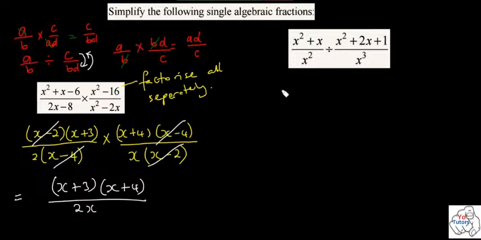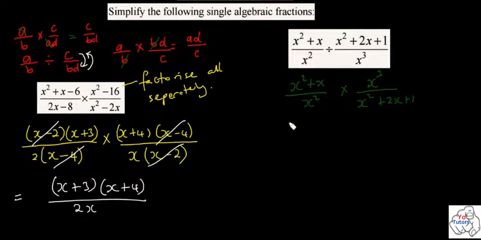First of all, let's change x squared plus x over x squared, times x cubed over x squared plus 2x plus 1. That's what we have. We need to change, so we swap the two. Now we can continue with our question.